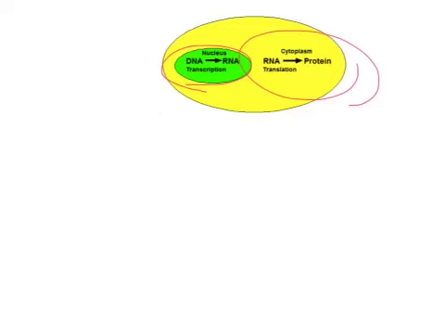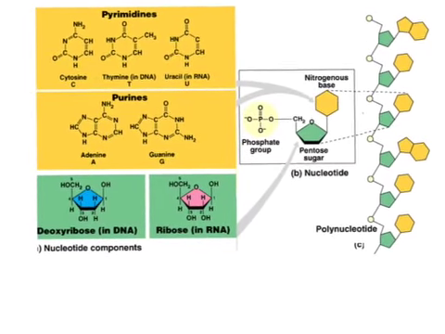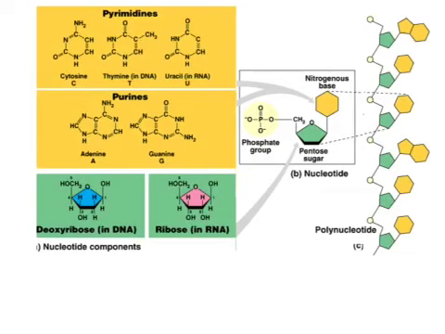So let's take a look at DNA compared to RNA, since both of these are going to be used here in this particular process. Remember, DNA is going to contain the sugar deoxyribose, while RNA will contain the ribose sugar. So that's one difference between the two.